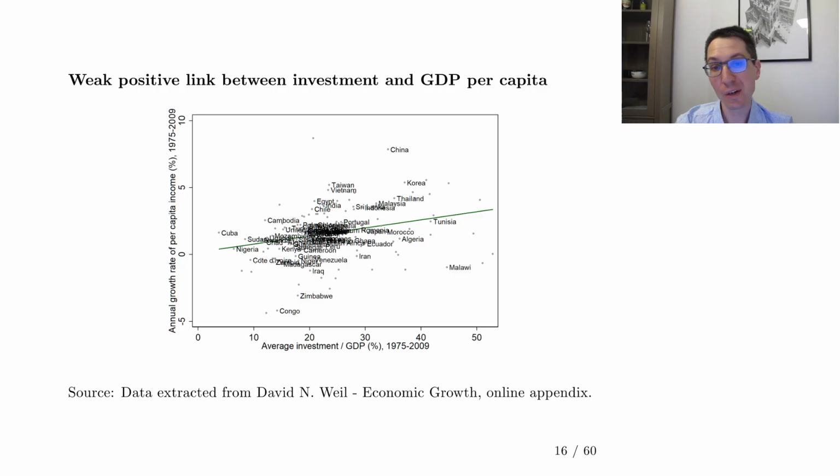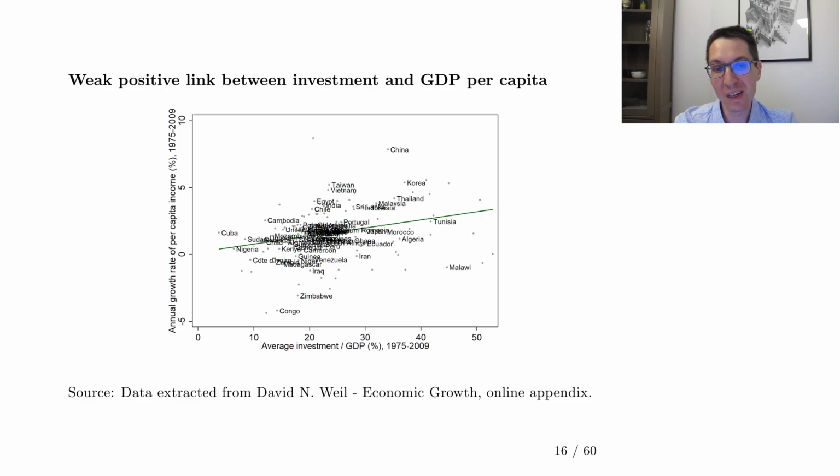This plot is similar to the previous one, although we now look at changes over time. Did countries which invested more over the period 1975-2009 actually gain more in terms of GDP per capita? If that were the case, then it would really look like capital is the key to growth.